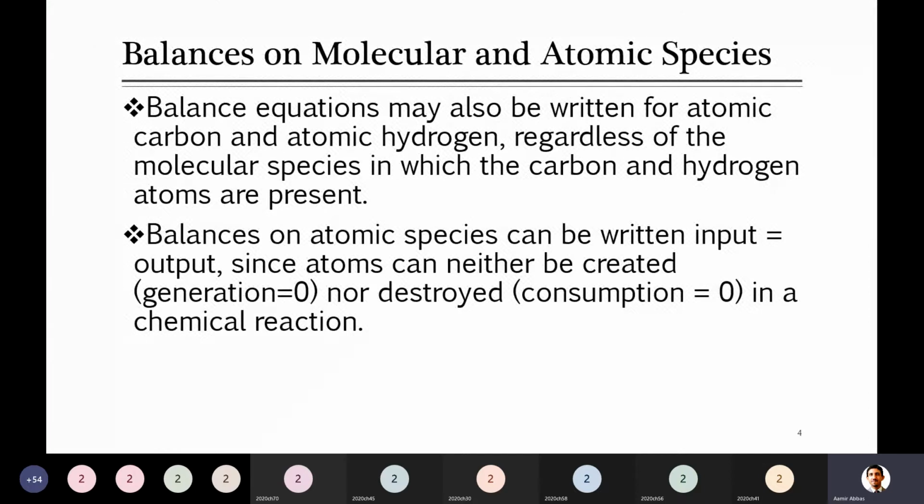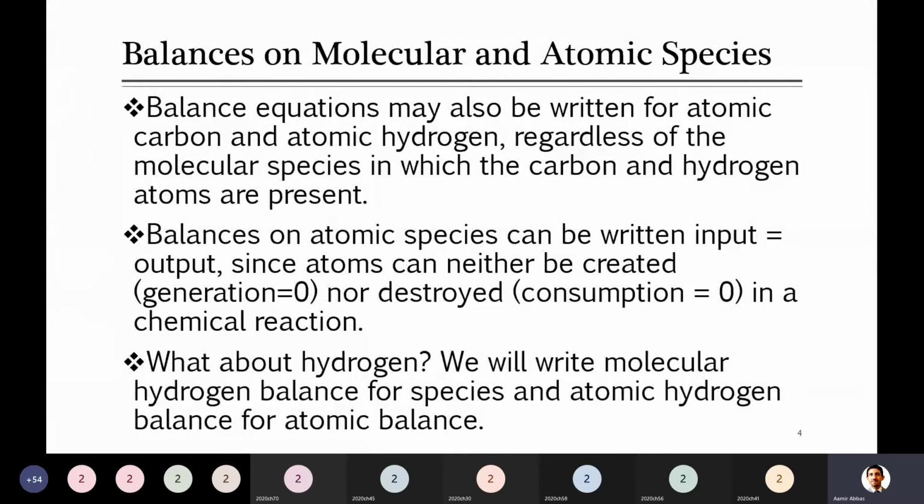So input is always equal to output. Because atoms are neither generated nor destroyed, where destroyed means consumption and generation means creation, and that's not taking place in the common reactions, leaving nuclear reactions aside. So in all other common reactions which we are going to discuss, input is always equal to output. You can write your balance.